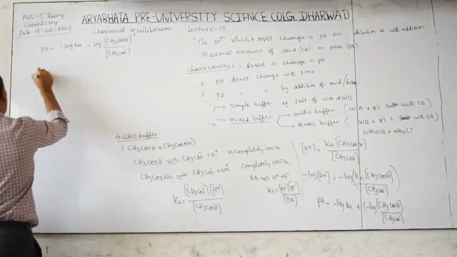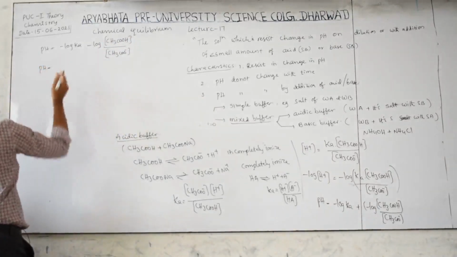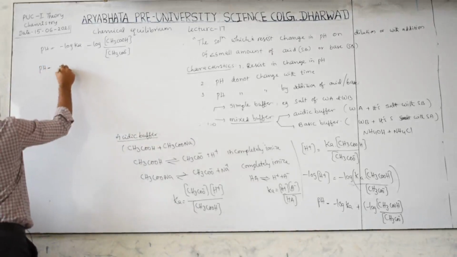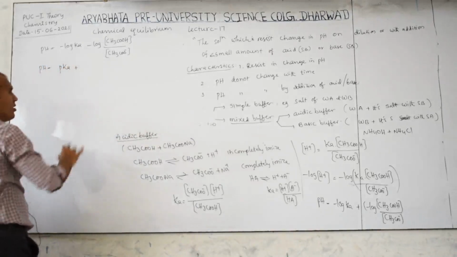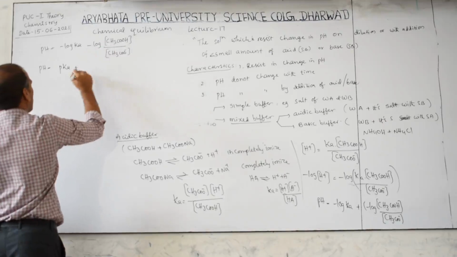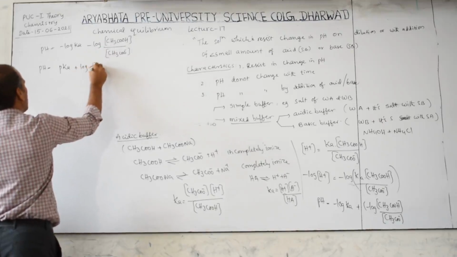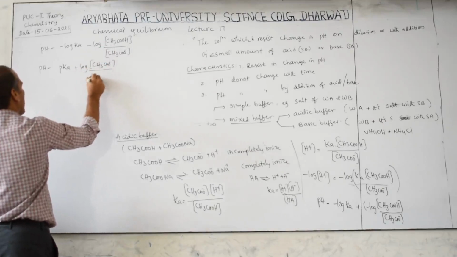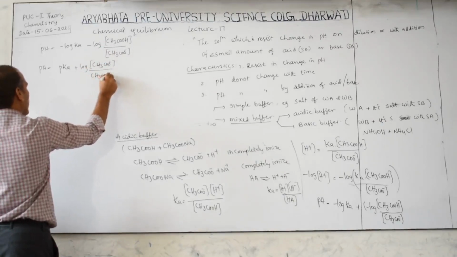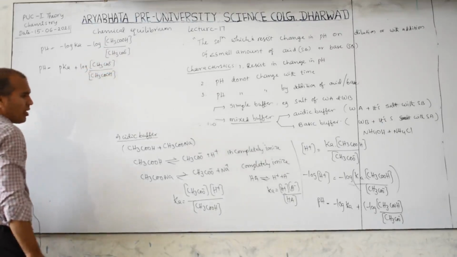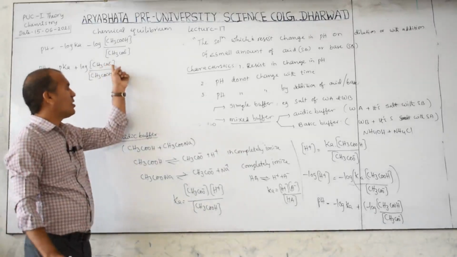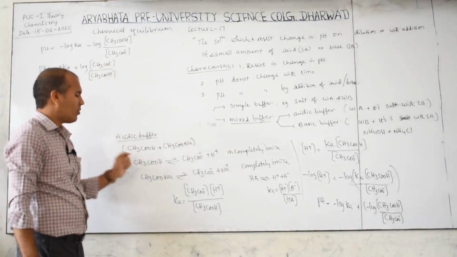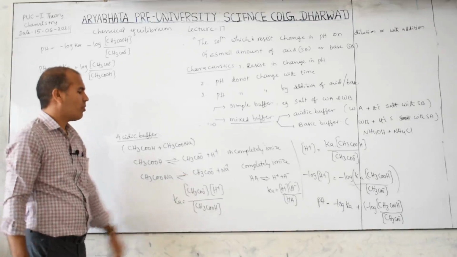Now you can consider this is pH is equal to negative logarithm of Ka is known as a pKa plus, when it is plus this is reverse, then log of CH3COO minus concentration by CH3COOH concentration.